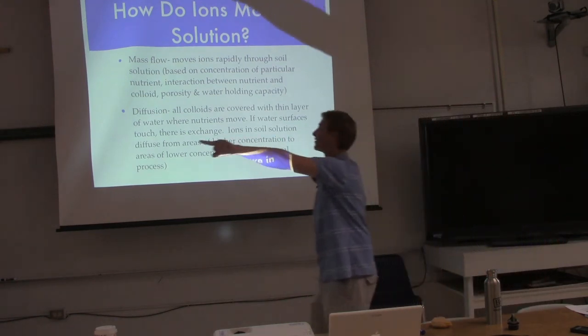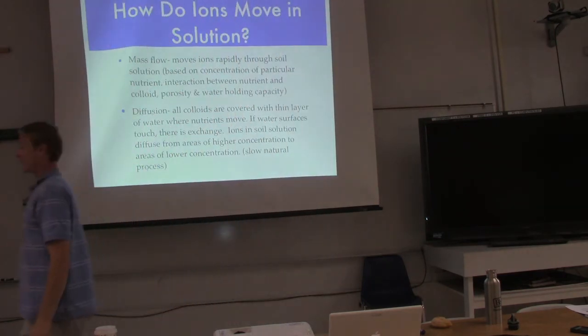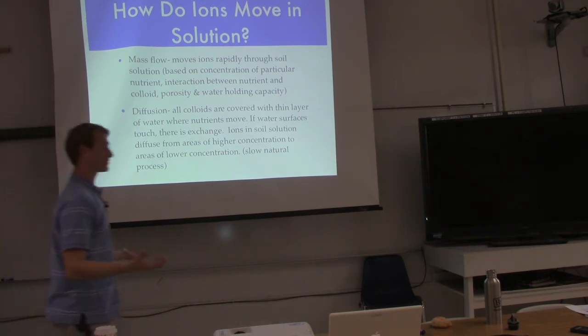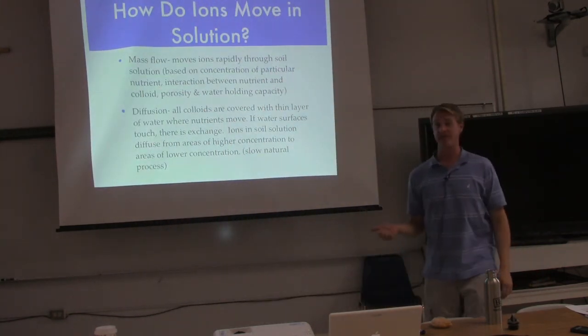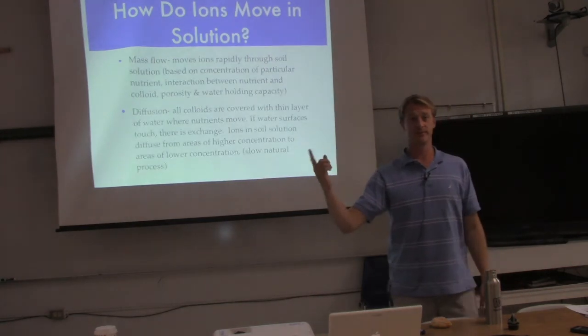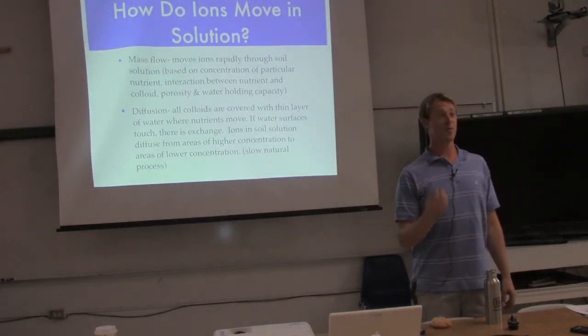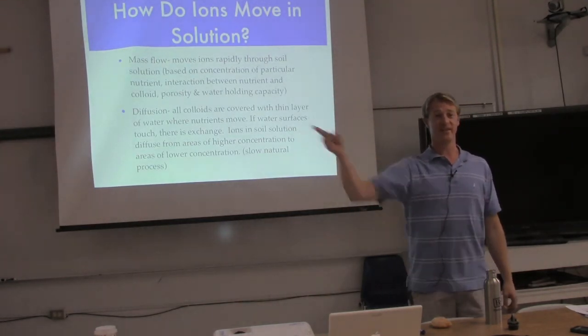Basically what I just said over there. All this K moves through the environment so rapidly and with such numbers that it will change the interaction between the plants and the colloids. Almost every single time you fertilize, that's mass flow.